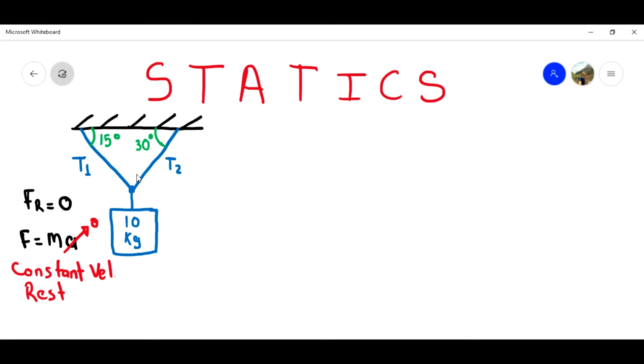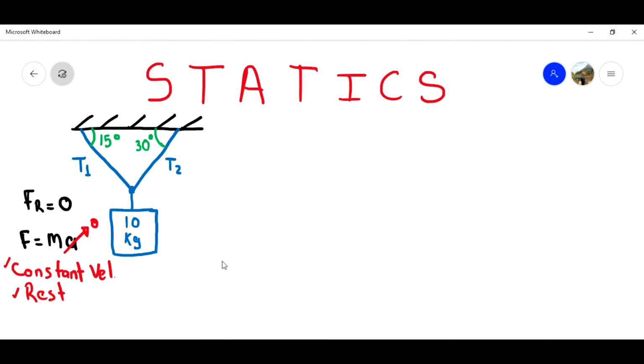Those are the two choices that we have. If the resultant force is 0, the acceleration is 0, so we can have constant velocity or the object at rest. In this particular case, when we talk about statics, the object is at rest.